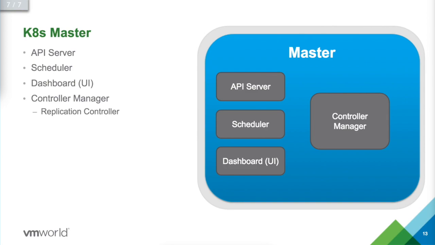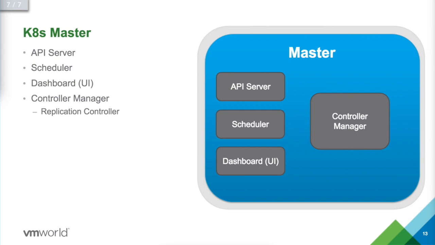Controller manager is now assigned the task of making sure 5 replicas of Nginx always run at any point of time. If one Nginx pod dies because the hosting worker node was powered off, then controller manager will see only 4 out of 5 replicas are running.